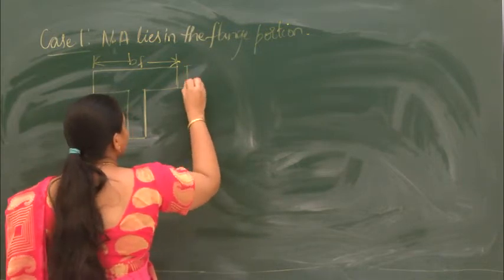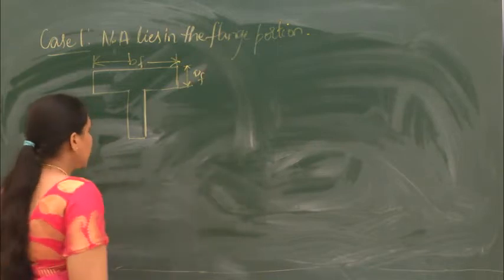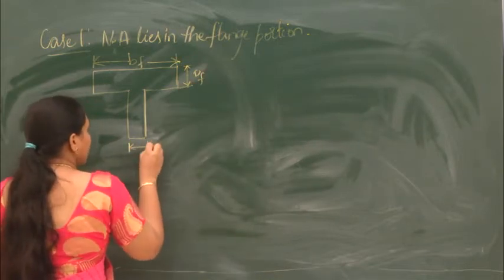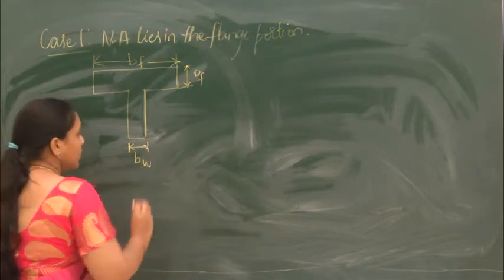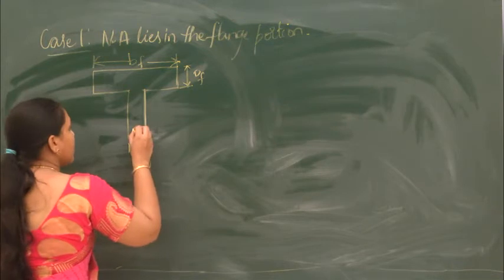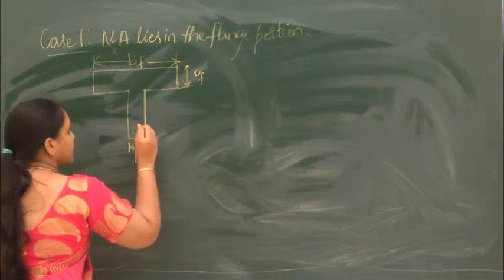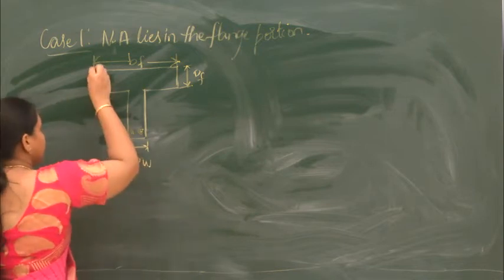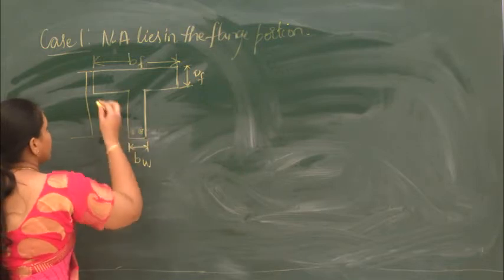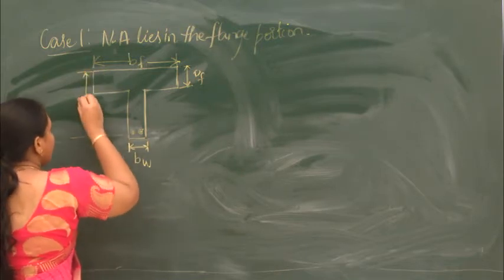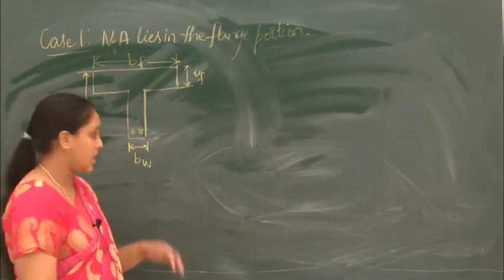This is going to be the depth of the flange. This is going to be the breadth of the web. If we provide the reinforcement here, the distance from the topmost fiber to the center of this reinforcement is going to be your effective depth, which is d.